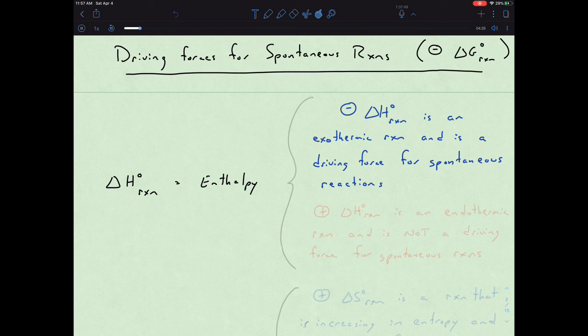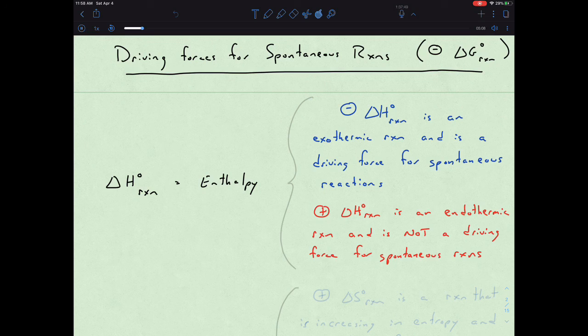We could also say the opposite scenario: a positive delta H of reaction is an endothermic reaction and is not a driving force for spontaneous reactions.